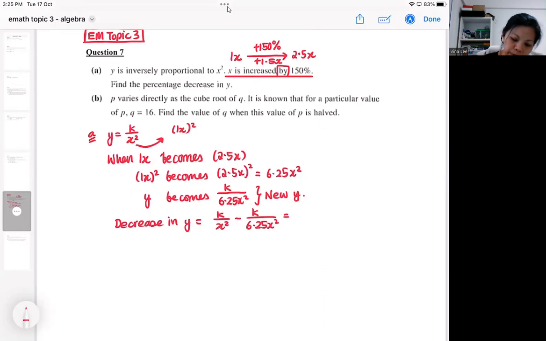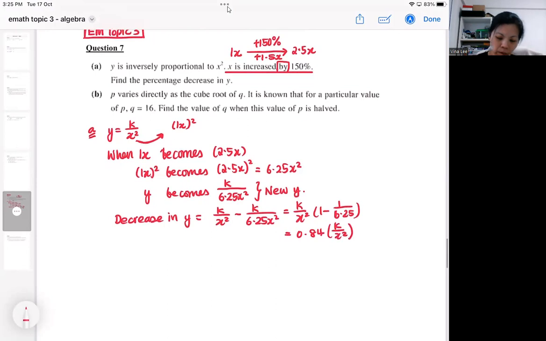Then you will factorize the k over x squared out. In this case, you will get 0.84 k over x squared. That means the decrease will be 0.84 of the original.